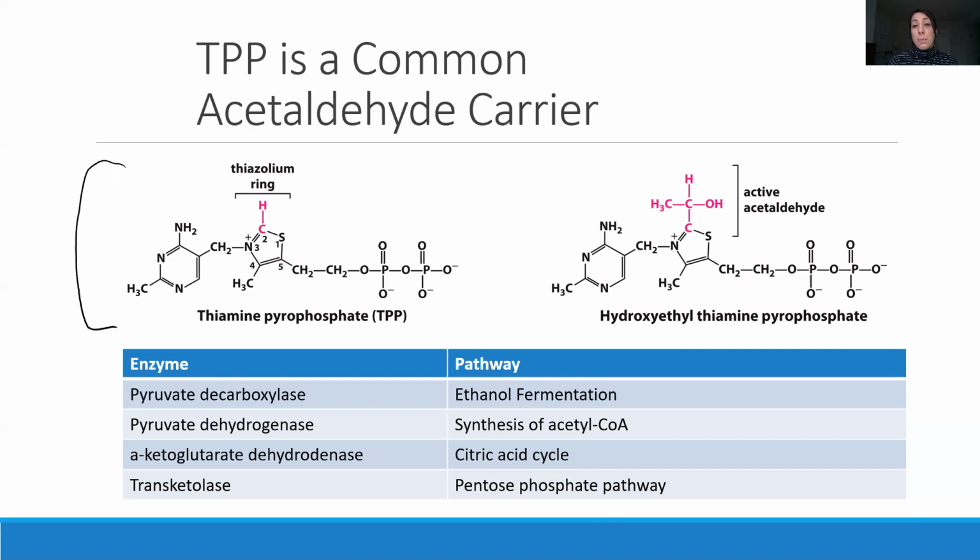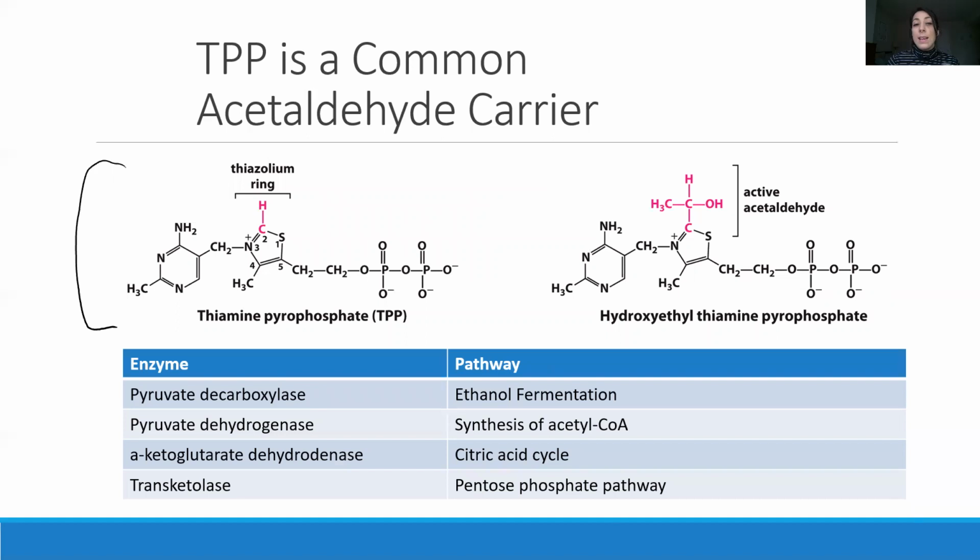It's also used in parts of the citric acid cycle in an enzyme called alpha-ketoglutarate dehydrogenase. And it's used in the pentose phosphate pathway. So one of the enzymes that we spoke very briefly about, which is transketolase, also utilizes TPP.